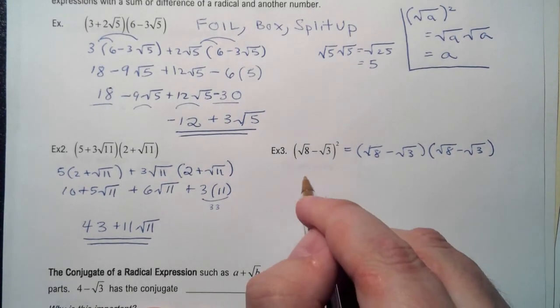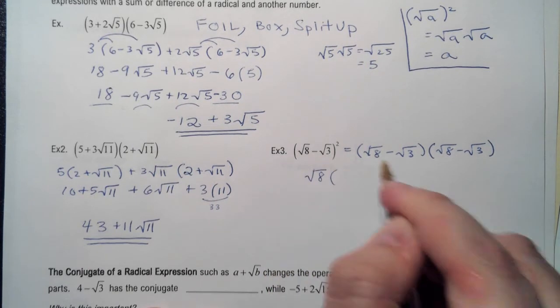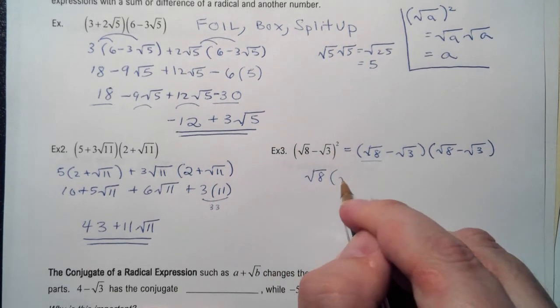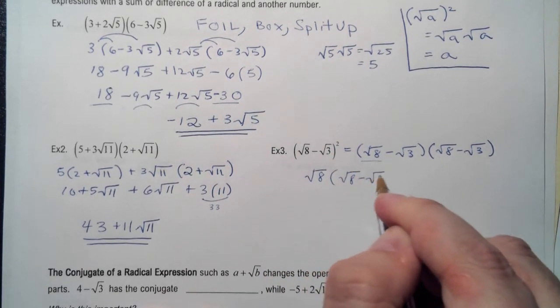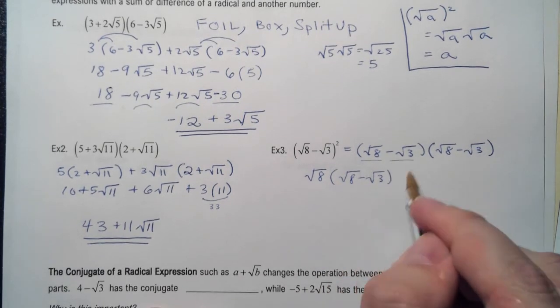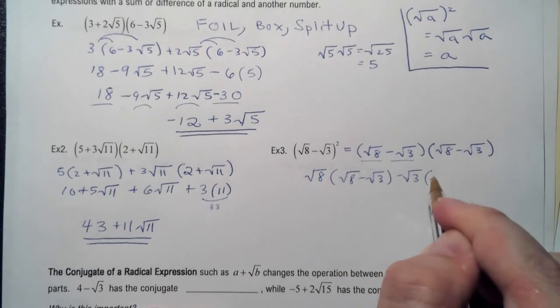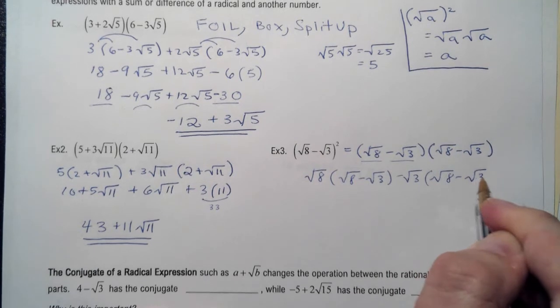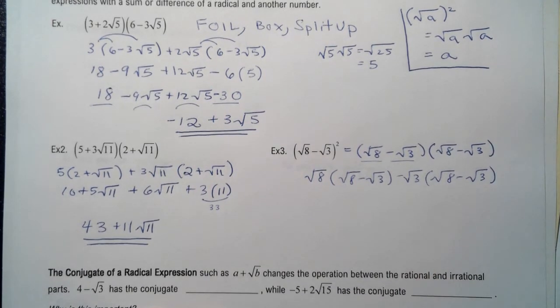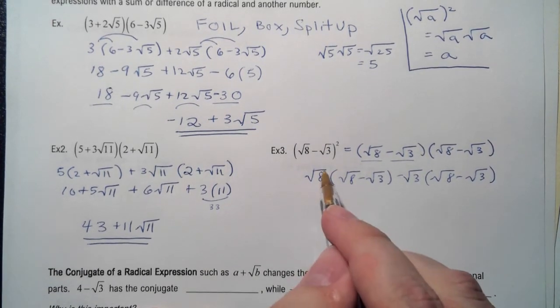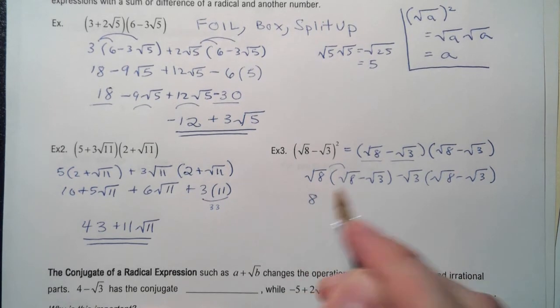So if I do this, square root of 8 will be multiplied by square root of 8 minus square root of 3. Minus the square root of 3 will be multiplied by the square root of 8 minus the square root of 3. So when I multiply these, the square root of 8 times the square root of 8 is 8.